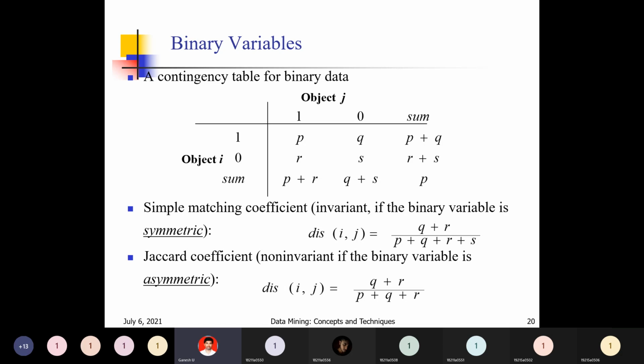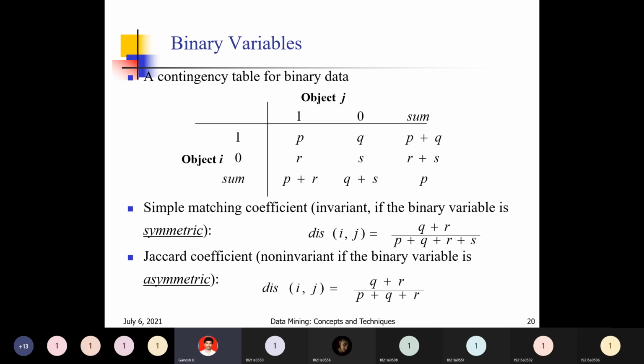Where positive positive comes, that is the P value. Positive negative is Q, negative positive is R, negative negative is S. Just place the values in that formula and you can find the dissimilarity coefficient.